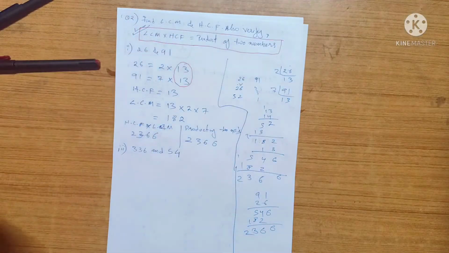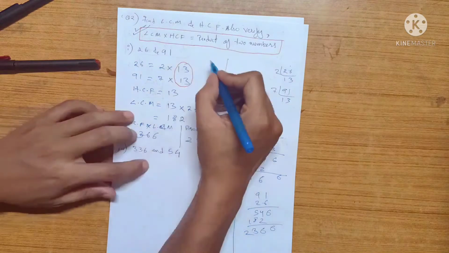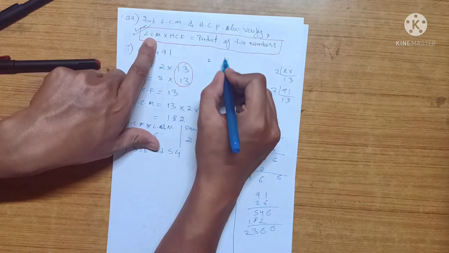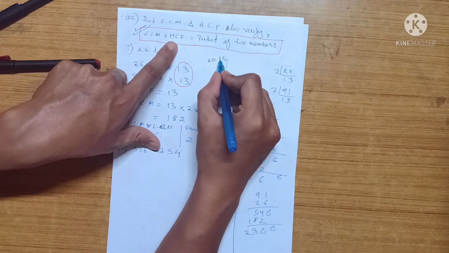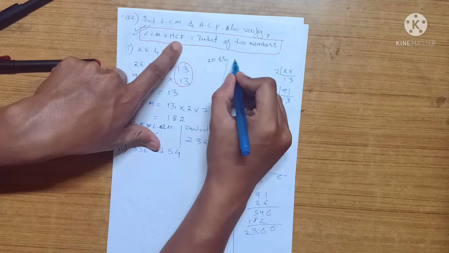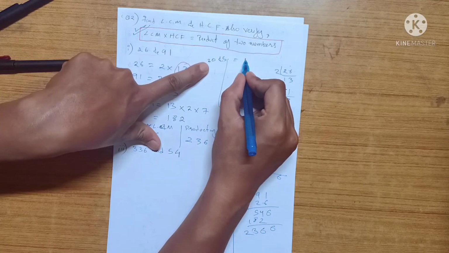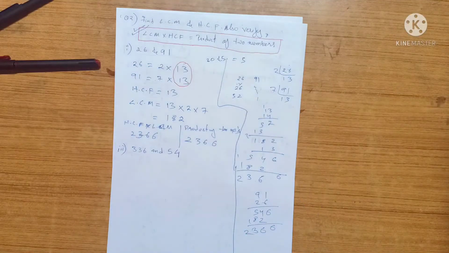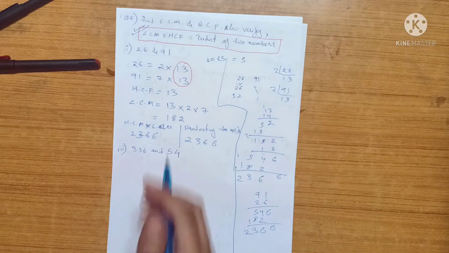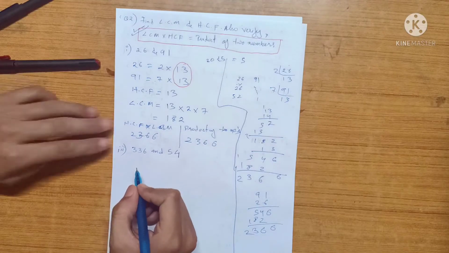Using this formula, they might give several other questions. Sometimes they might give you, say, LCM is 20, HCF is 5, and one of the numbers is 5. What is the other number? You can use this formula and do it.